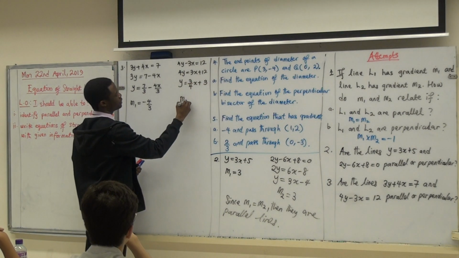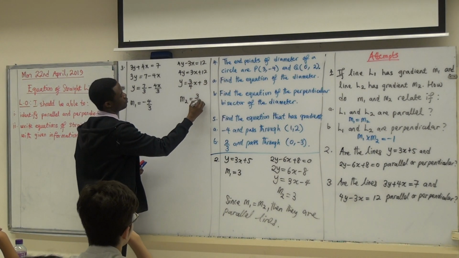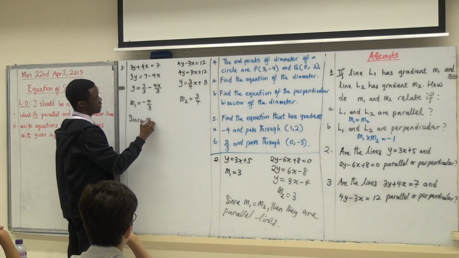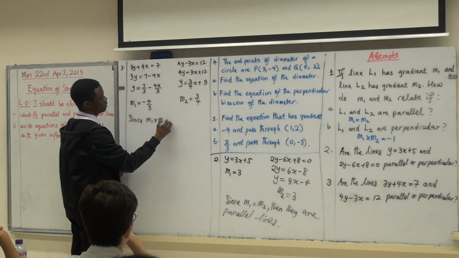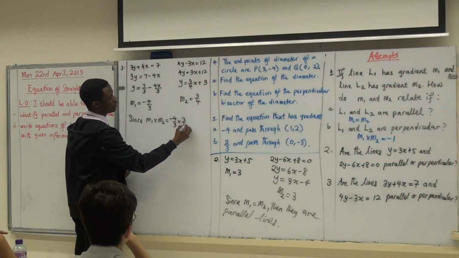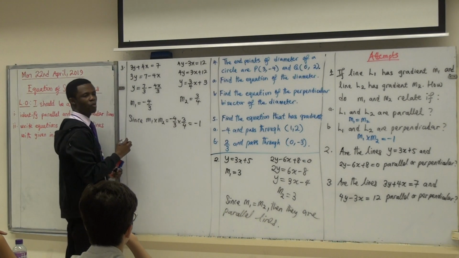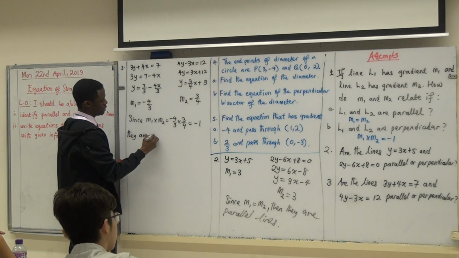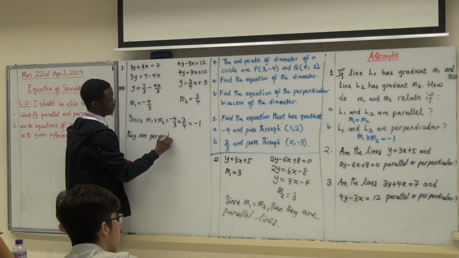So what is m2? 3 over 4. Okay? Then I will conclude by saying, since m1 times m2, negative 4 over 3 times 3 over 4 gives me negative 1, then they are perpendicular lines. That's it.